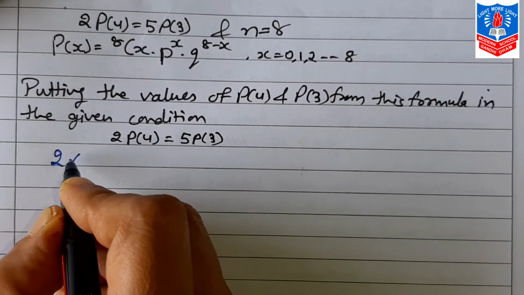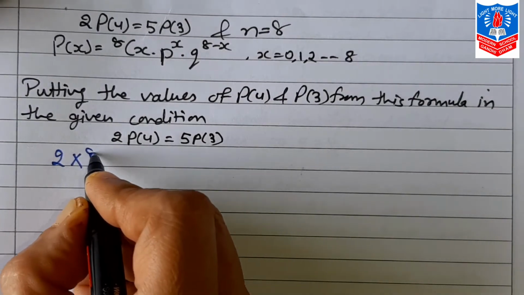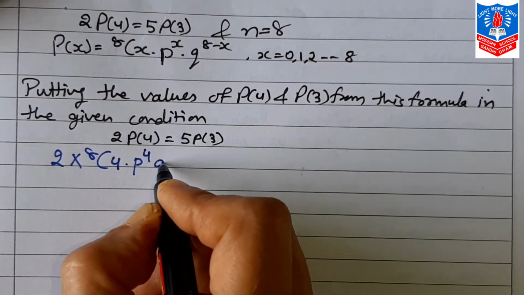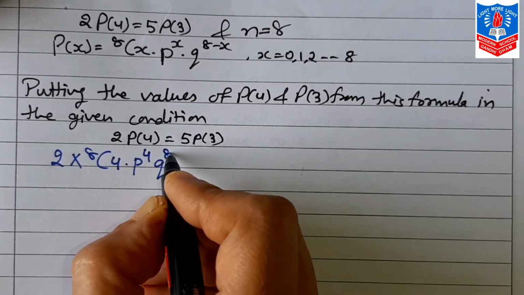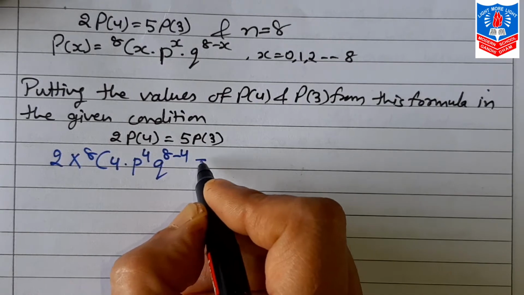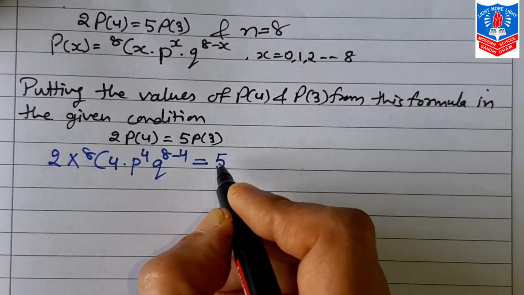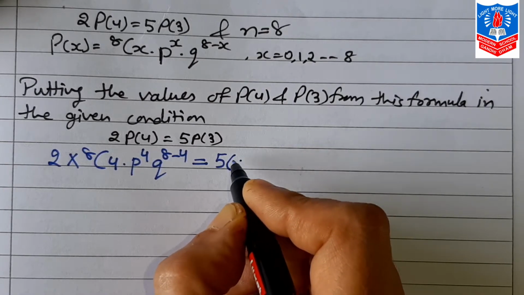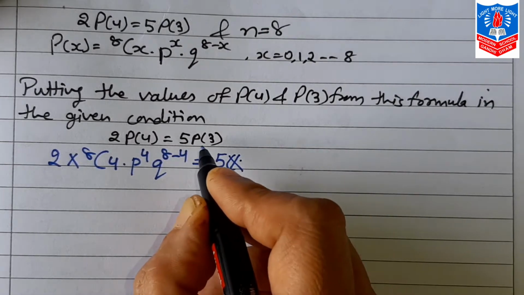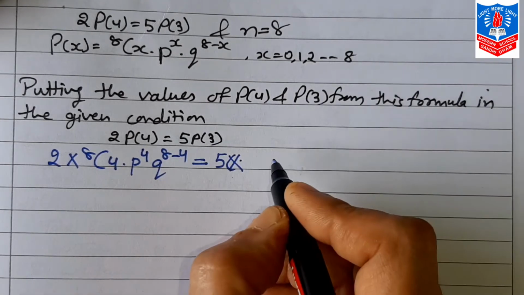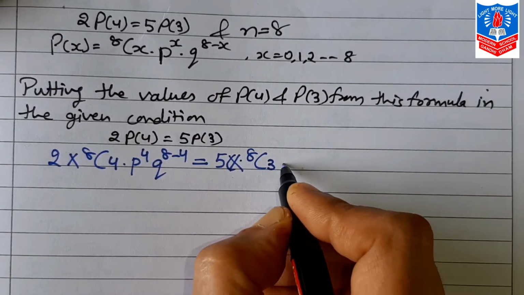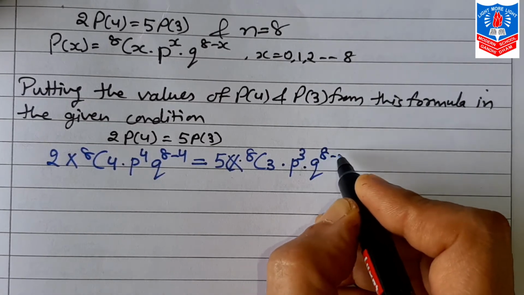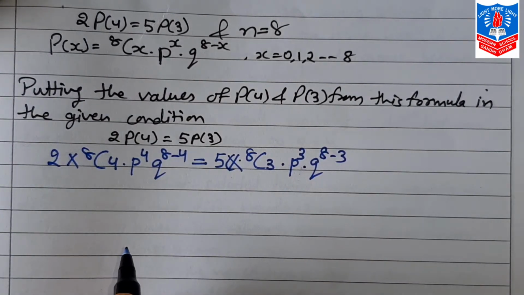Here 2 into 8C4 p raised to 4 q raised to 8 minus 4, which is equal to 5 into, now this is P(3), so 8C3 into p raised to 3 into q raised to 8 minus 3.